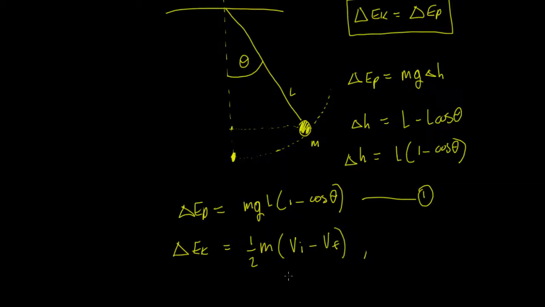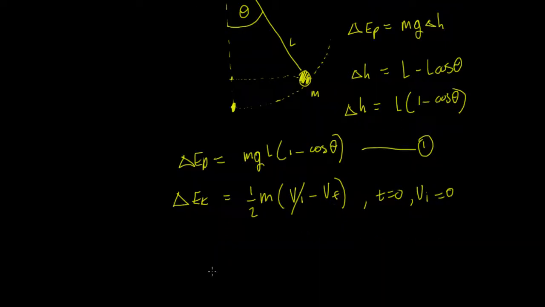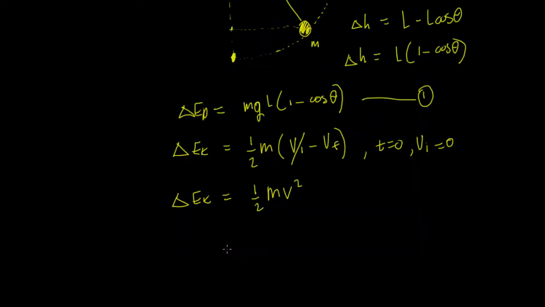Now, if we say at t equals 0 the initial velocity equals 0, so we're holding the pendulum at that point there, at that point time is 0 and the velocity of the pendulum is 0, then we can see then that vi is equal to 0. So therefore we can say that the change in kinetic energy is going to equal a half m times vf squared. Now I'll just drop the f and we'll just leave it with the v squared. So it's a half m v squared is the change in kinetic energy.